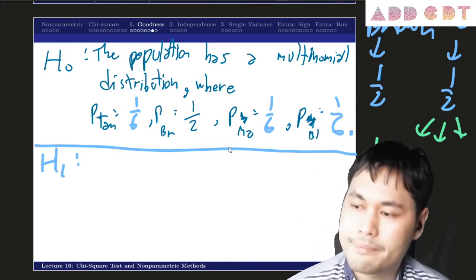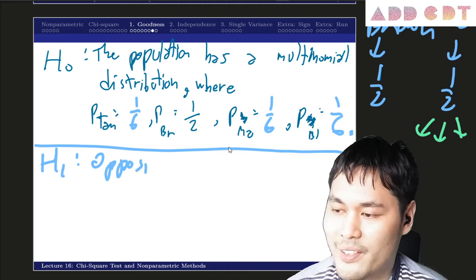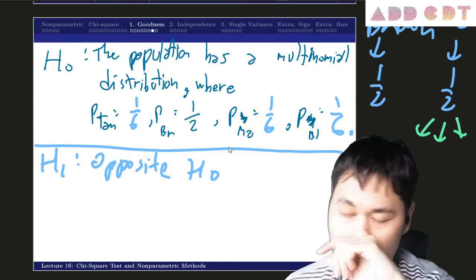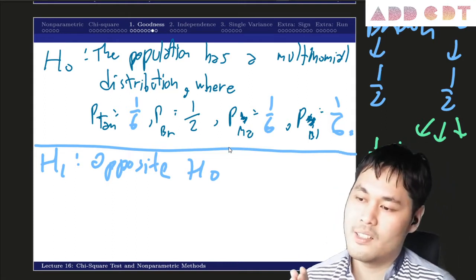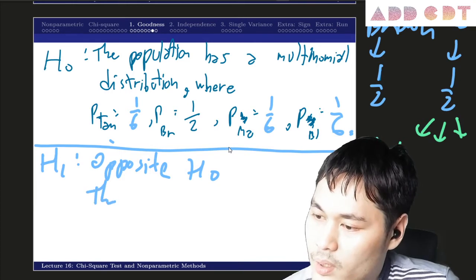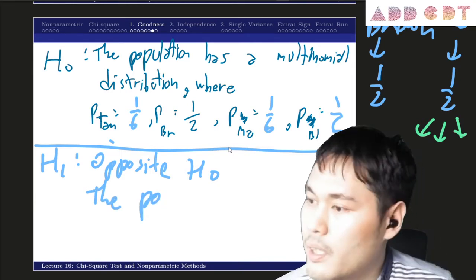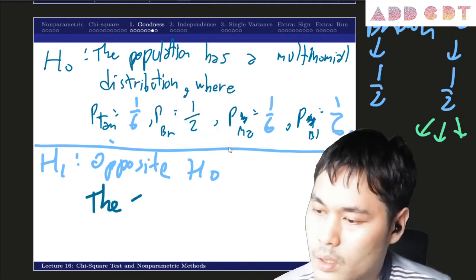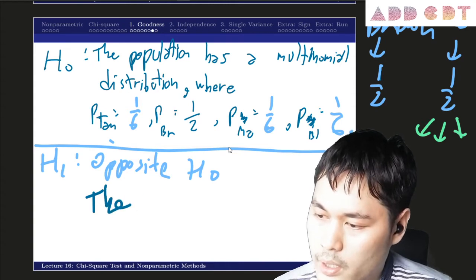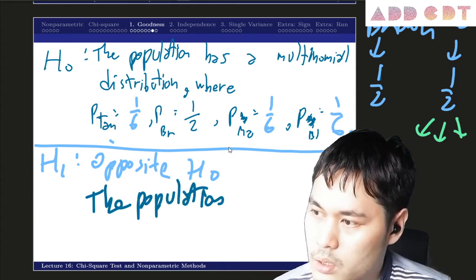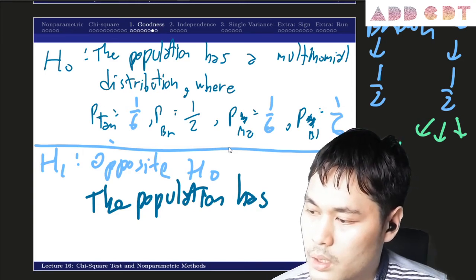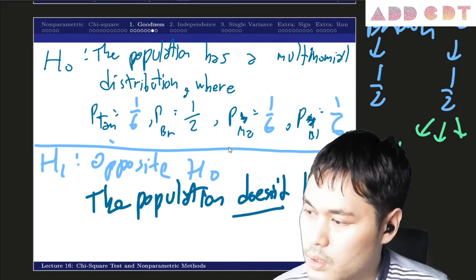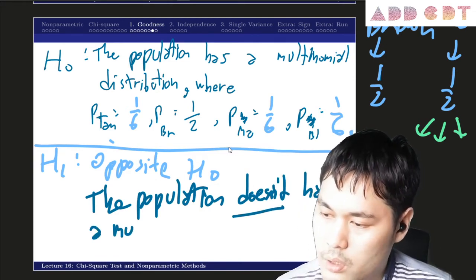So for H1, of course you can just say it's the opposite of H0, right? But in this case, we have to be careful. The opposite of that is not just saying that the population doesn't have a multinomial distribution.